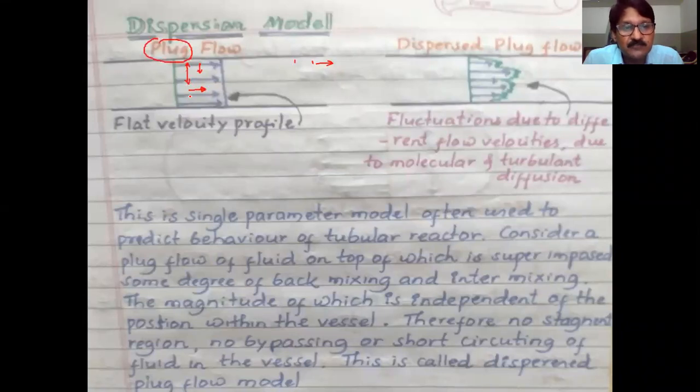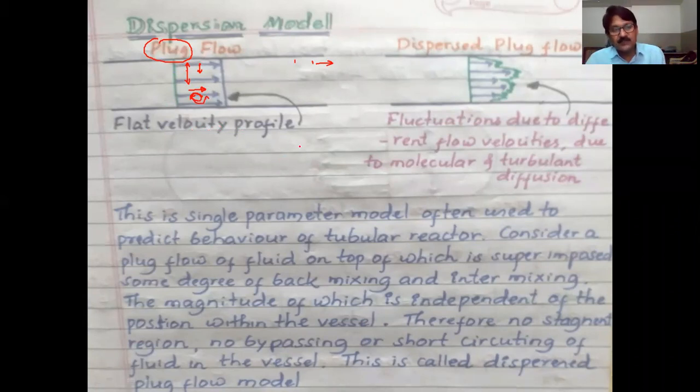Suppose this molecule gets mixed with this, and this molecule gets mixed with this. The older molecule is coming here, and the young molecule is going to the older. So this is a violation of plug flow. If the flat velocity profile is observed, then it is called an ideal plug flow.